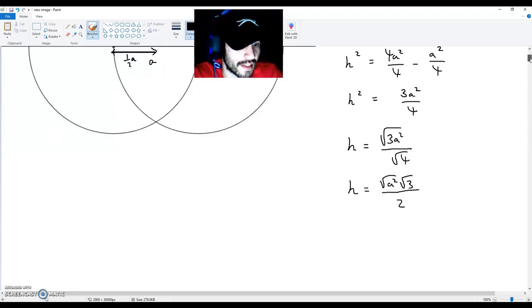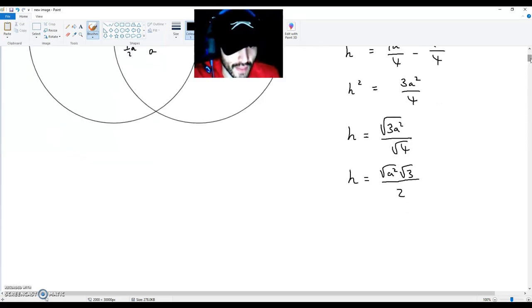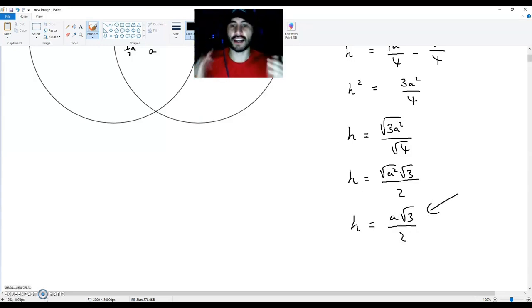And this is equivalent to, because root a squared is actually a, h is equal to a multiplied by root 3 over 2. Okay, so this over here is the value of h.